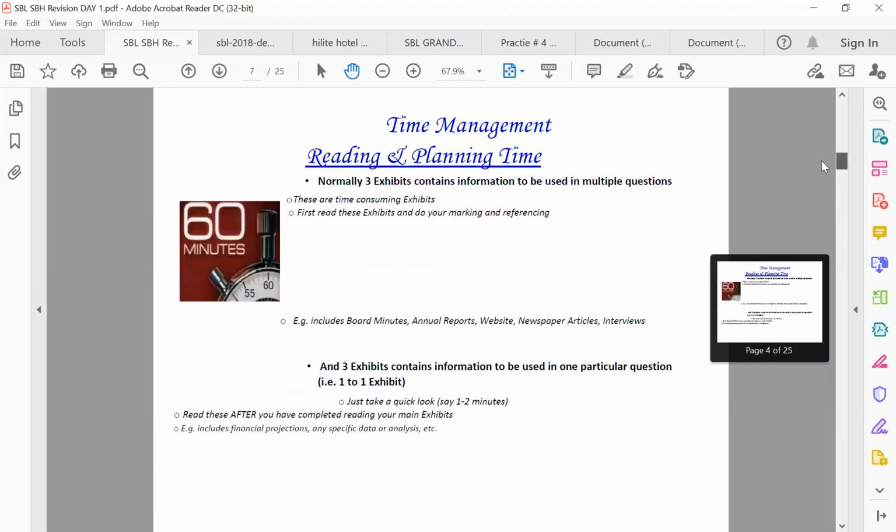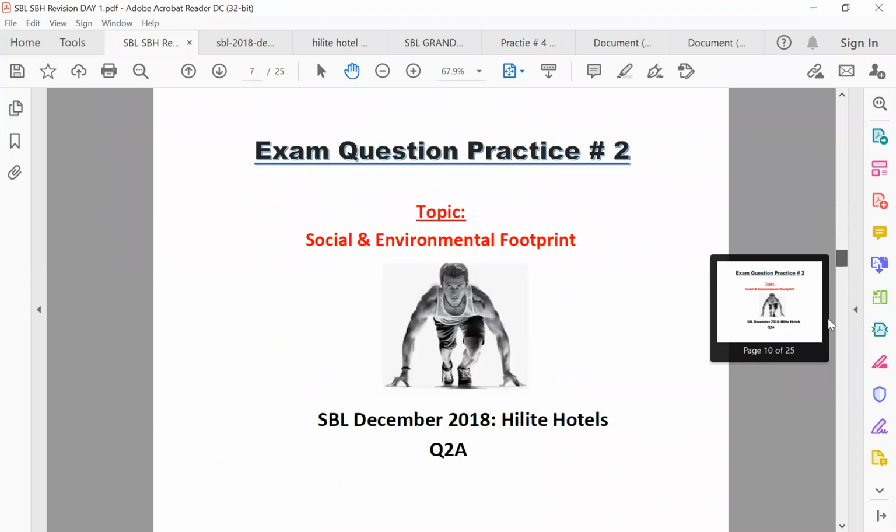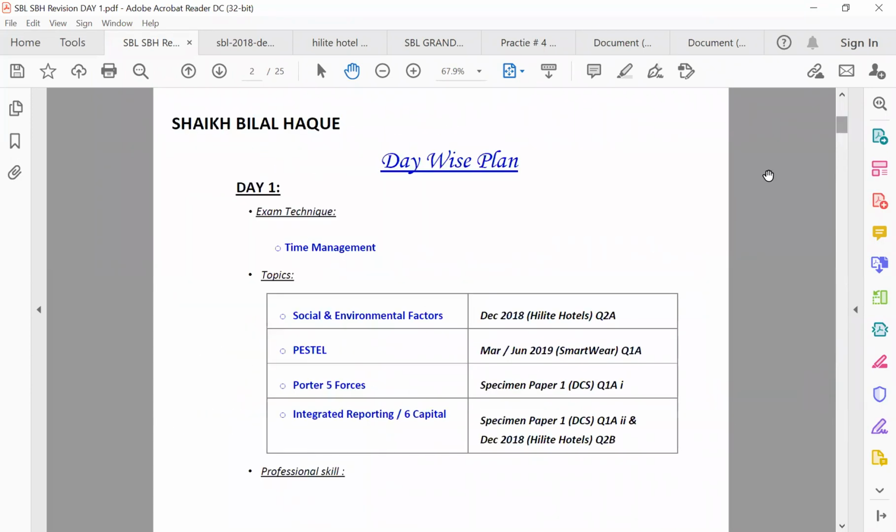So I'm keeping this handout till here today, but before moving ahead, I would request you that there are certain questions in this handout. For example, we have done the highlight hotel one. We have done this question. We have gone through this one as well, the Porter's five forces and the integrated reporting.